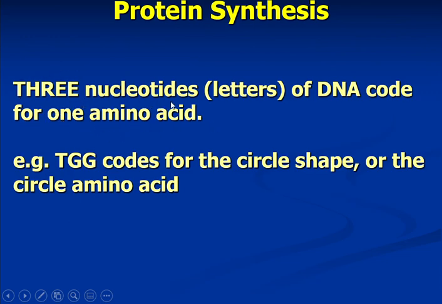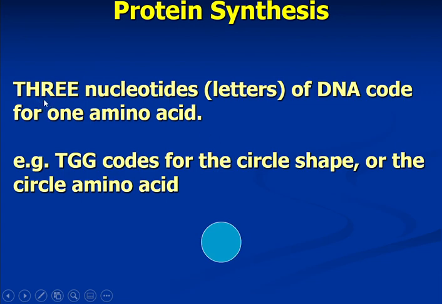So when I put 3 nucleotides together, it will give me, eventually through the process, 1 amino acid. So for example, if I have thymine, guanine, guanine, in my little case example, I'm going to say that this codes for the circle shape, or in this instance, the circle amino acid. It could be another set of letters, it could be another set of shapes. This is just a little example for you to have.